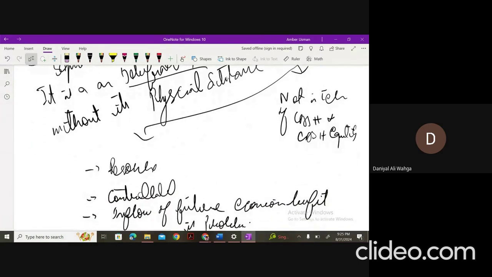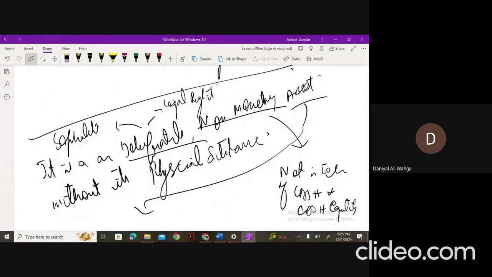And it should be without physical substance, that is, it cannot be touched. Okay, so this is the normal definition of a non-current intangible asset, as per IAS 38.